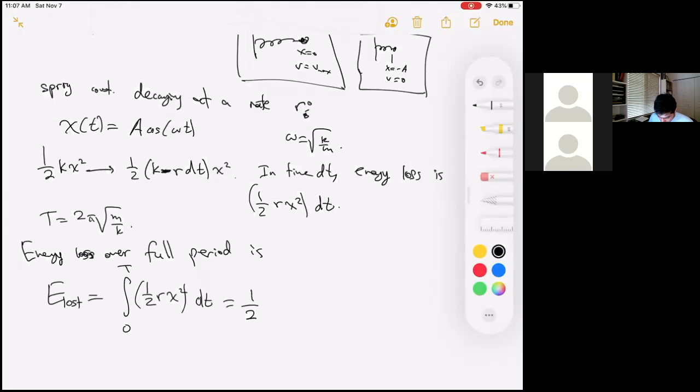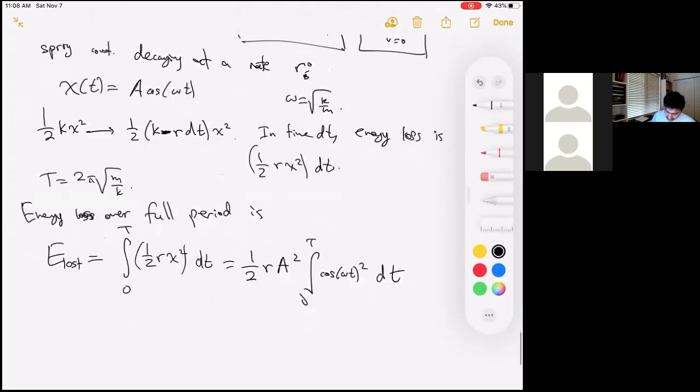It's 1/2 R A squared integral from 0 to T of cos squared dt. And if you work this out, what you will end up getting is 1/2 RA squared times T over 2.